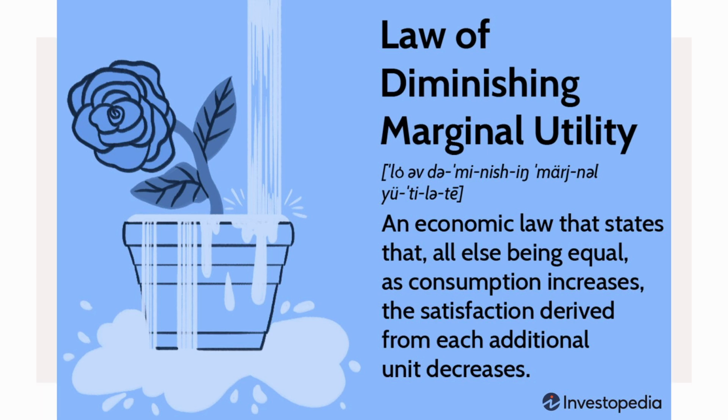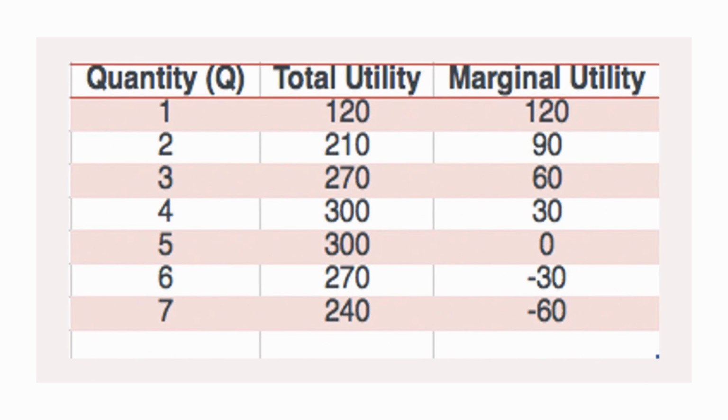Now let's try to understand diminishing marginal utility with the help of this table, and let's assume a scenario where a thirsty individual drinks multiple glasses of water, represented by quantity Q in this table. We will explore how this affects both the total utility and marginal utility experienced by the person.